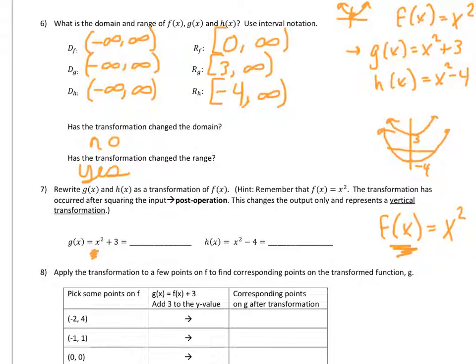And that's what I'm going to do here. Instead of x squared plus 3, I'm going to write this as f of x plus 3. And h of x, which was x squared minus 4, I'm going to rewrite as f of x minus 4. Doing this rewriting can help you identify what transformation is happening as we move through more and more kinds of transformations.